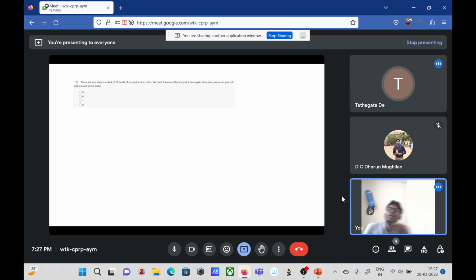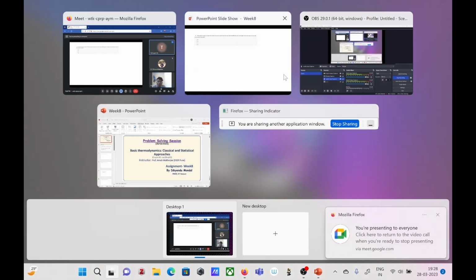Just think you are pulling one card, and after pulling that you see the result, then you keep it there and reshuffle it. Then how many ways can you pull just one ace after 5 pulls? This is pretty simple. Think about the question. Is it visible? I will make it bigger.